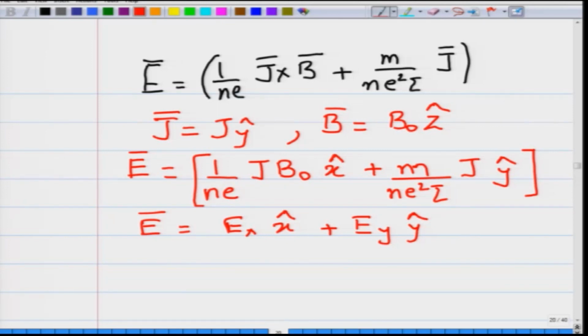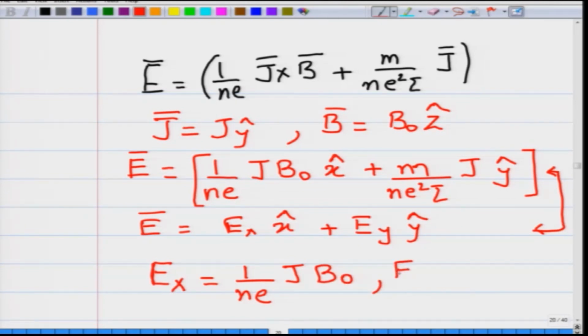By comparison of these two equations, you will show that the electric field Ex is 1/(ne) J B0, and the electric field along the y direction is m/(ne^2 tau) J, which is the current along the y direction.